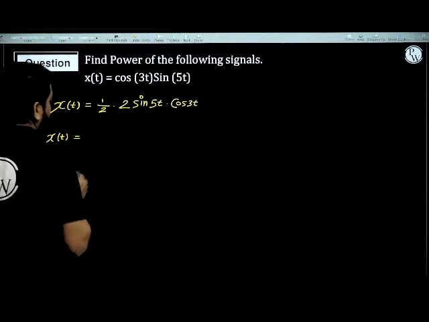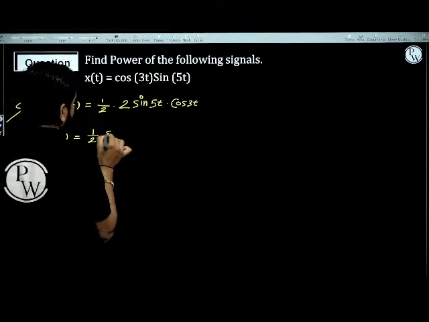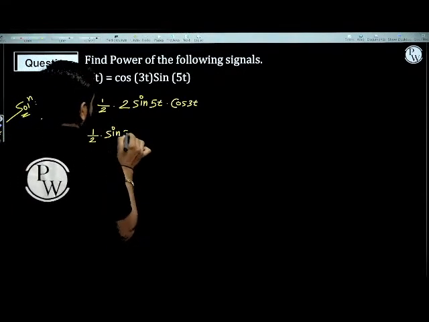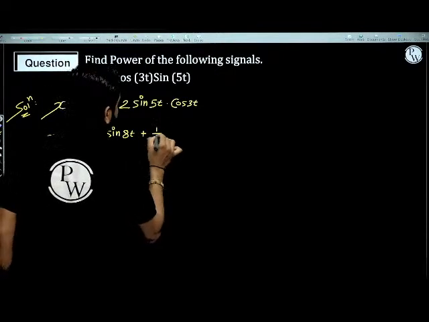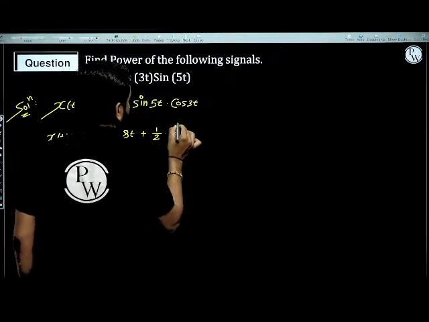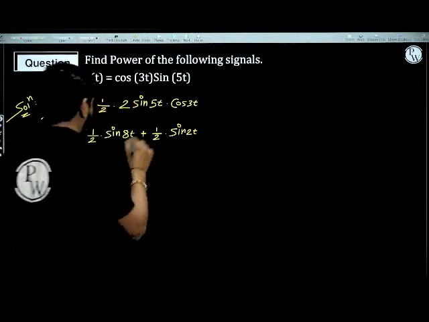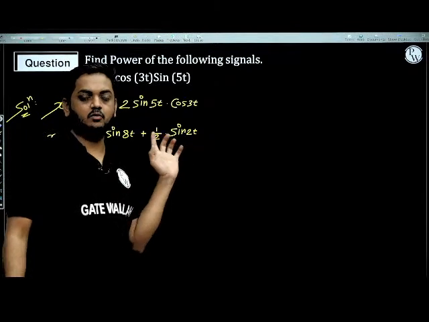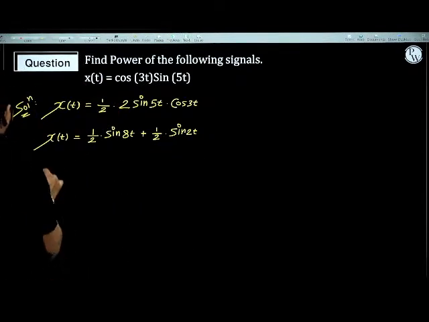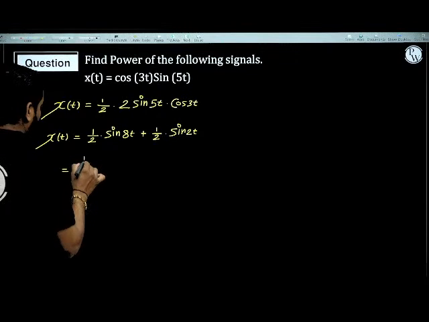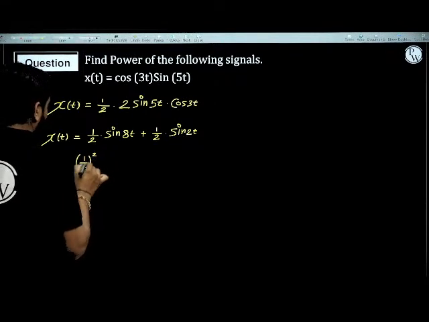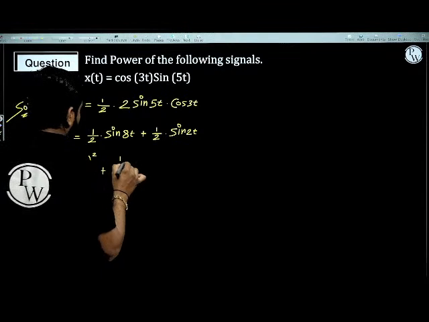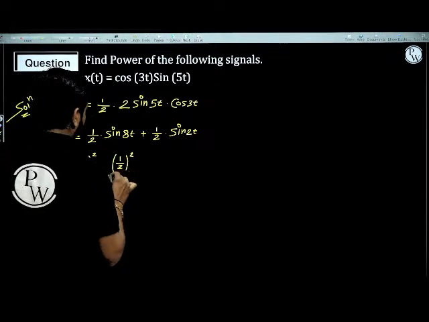X of t is equal to 1 by 2 sin 8t plus 1 by 2 sin 2t. Now see, different frequency. Here frequency is 8 and here frequency is 2, different frequency. Then total power will be the sum of the individual signal power. So the average power is given by (1 by 2) square divided by 2 plus (1 by 2) square divided by 2.